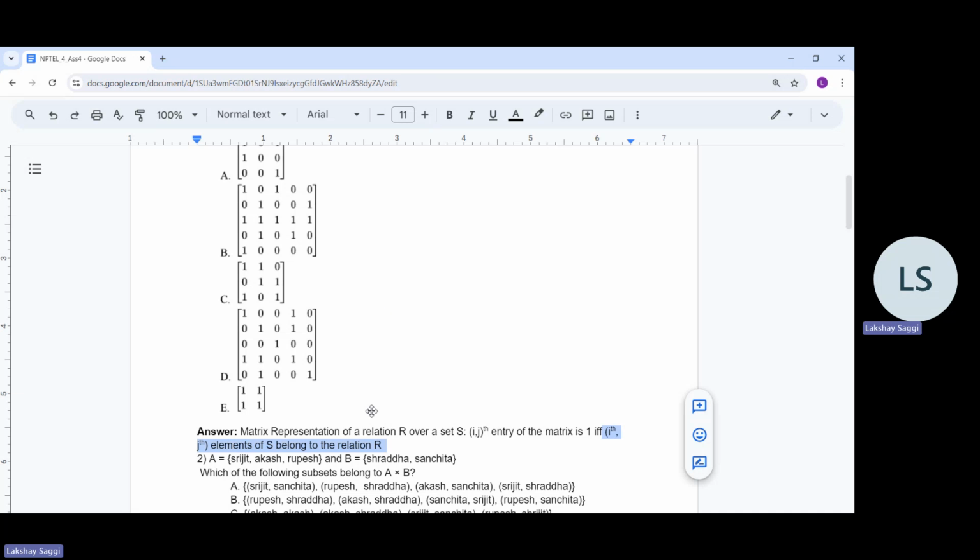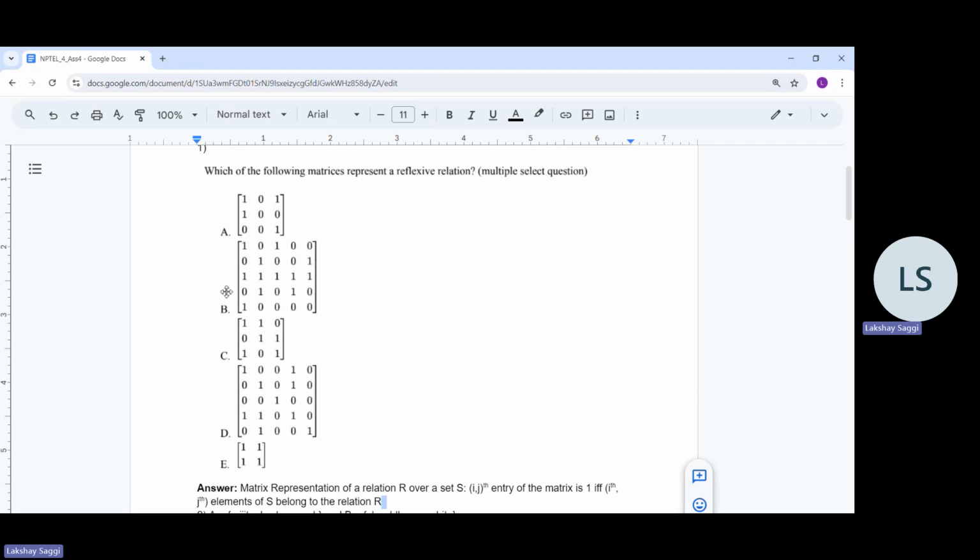Okay, hi. Sorry for the issue, guys. There was some issue with the Wi-Fi, so I have changed the Wi-Fi now. So what I was discussing was that the i comma jth entry of the matrix is one if and only if the ith comma jth elements of S belong to the relation R, and this is how we define the matrix entry.